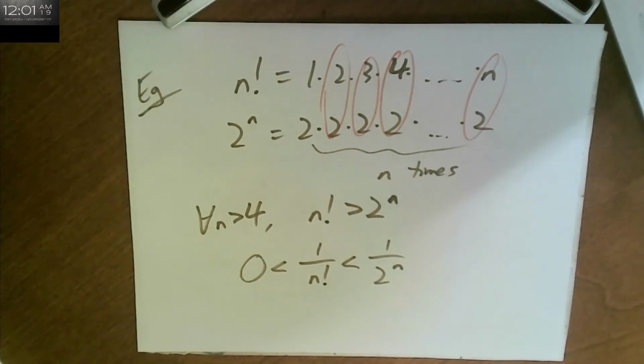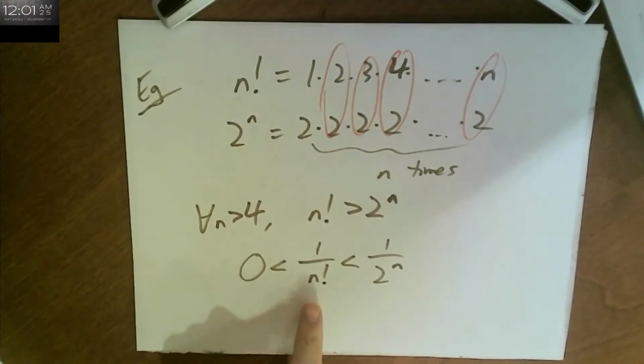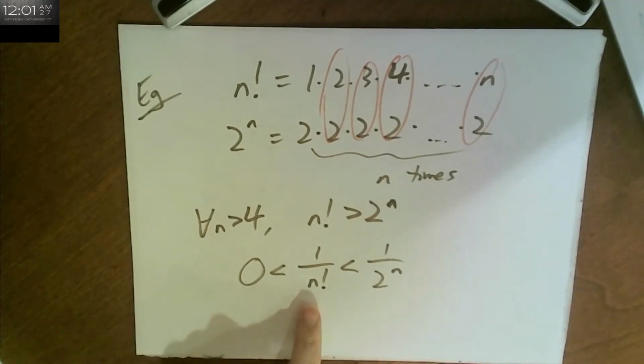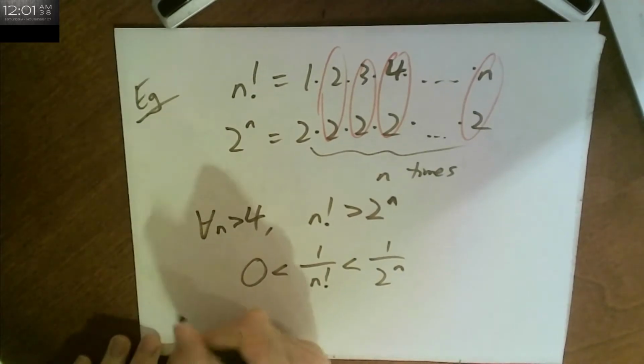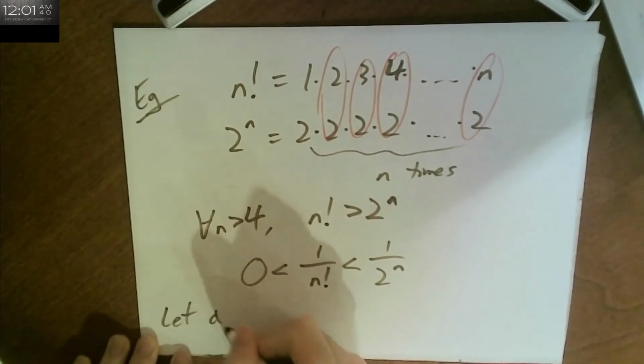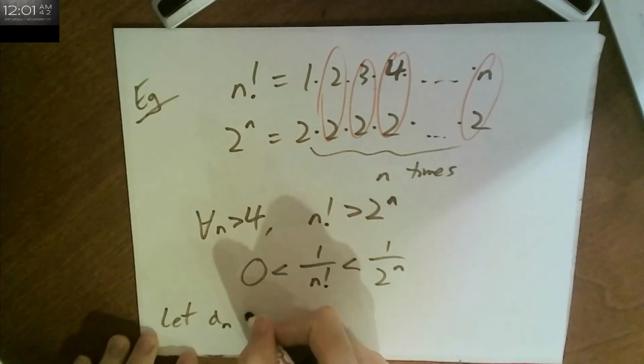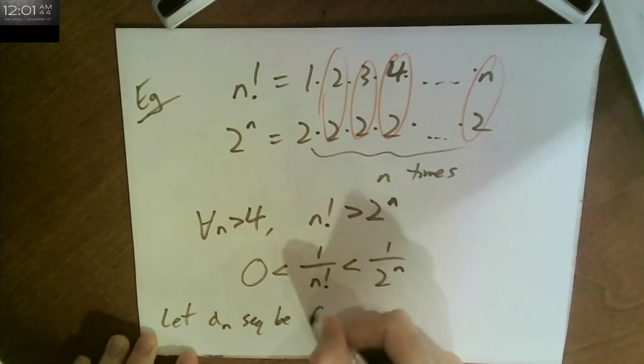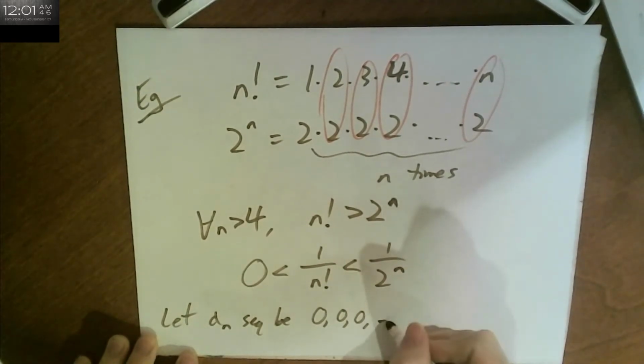So I can't use the trick of checking a continuous variable, checking the x version of this factorial sequence, 1 over x factorial, and find its limit and then compare it, right? I can't do that. I can do it with 1 over 2 to the n, though. We know that we could say let the an sequence be 0, 0, 0 forever, right?